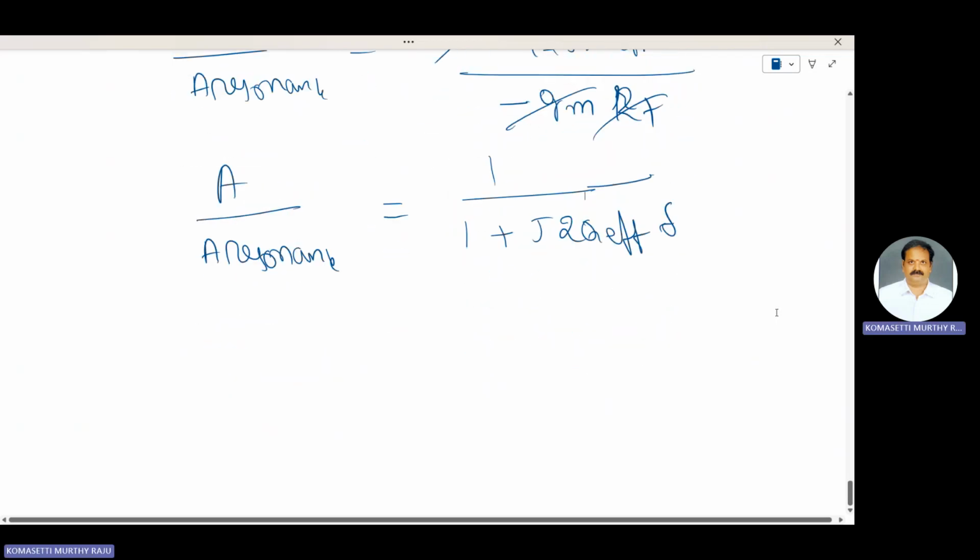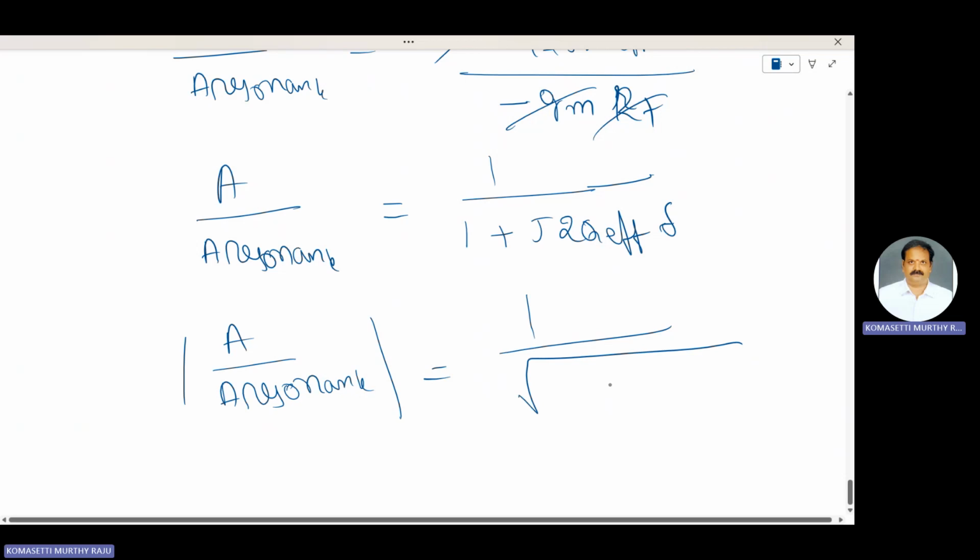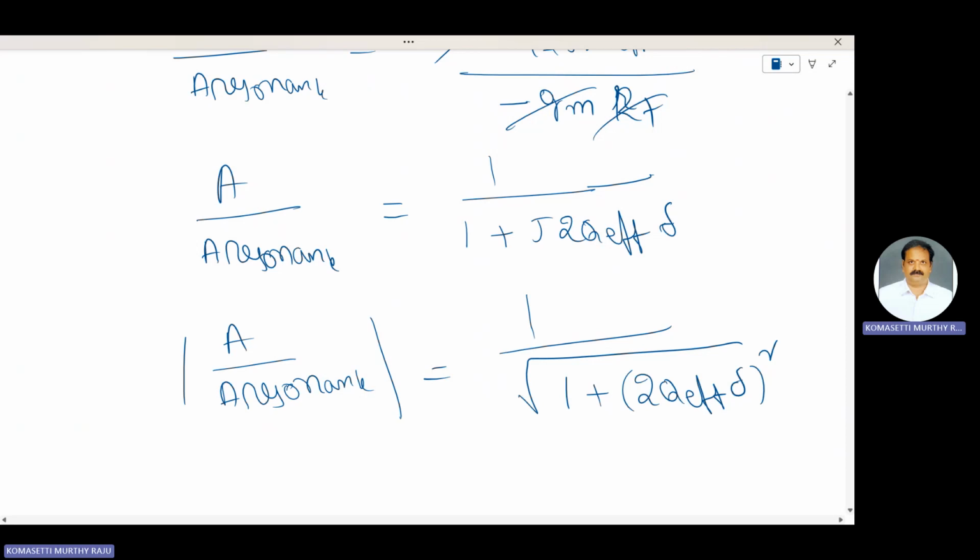We use that magnitude for mod A by A at resonance, which is equal to 1 by square root of 1 plus (2 Q effective delta) whole square.